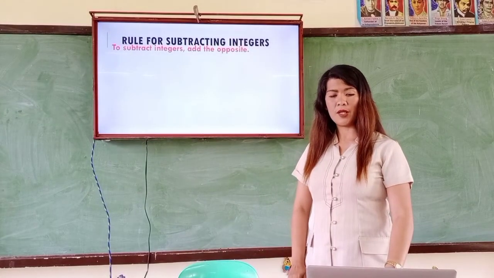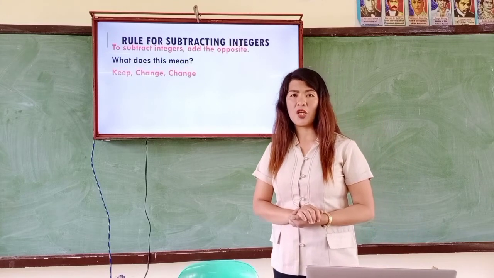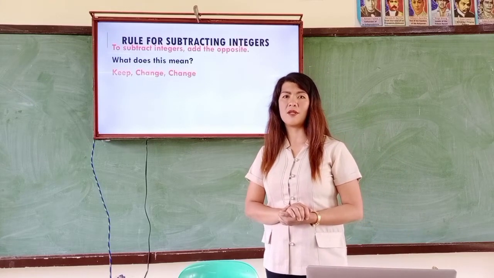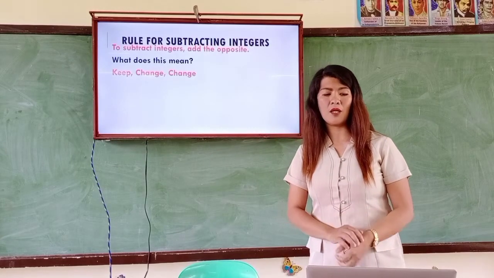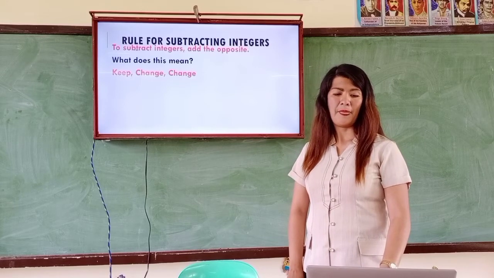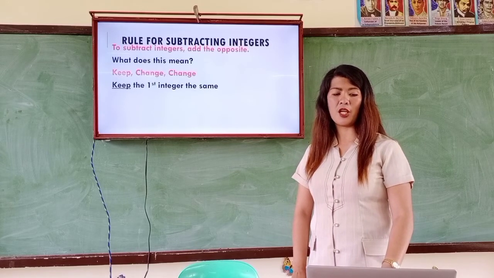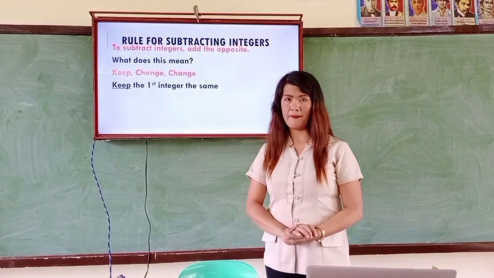Okay, in other words, keep, change, change. So that is the meaning of adding the opposite. What do you mean by keep, change, change? Keep the first integer the same.